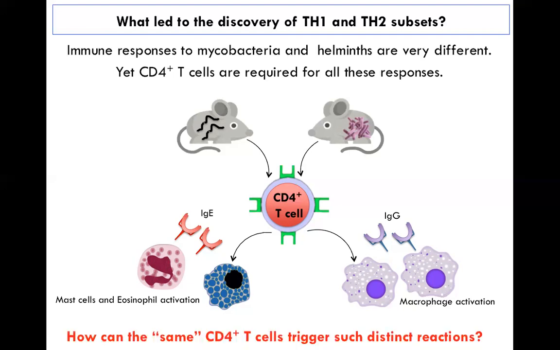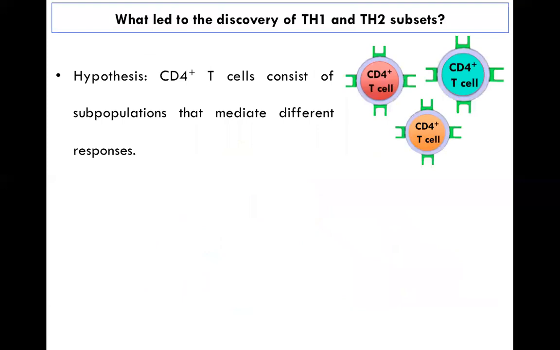Of course, here is the question: how can the same CD4 positive T cell trigger such distinct reactions? Let's try to understand how this could be possible. We can hypothesize that maybe the CD4 T cell consists of subpopulations that mediate different responses.